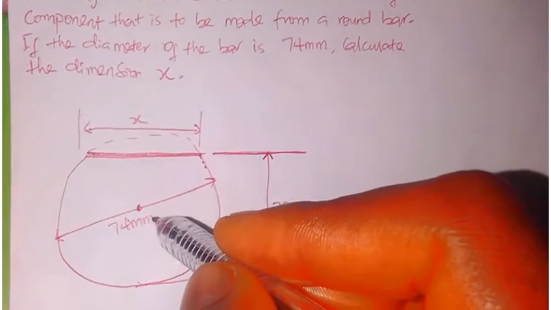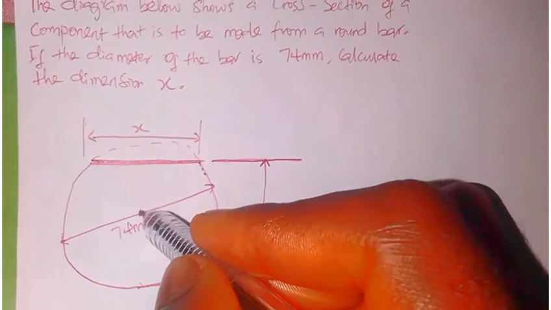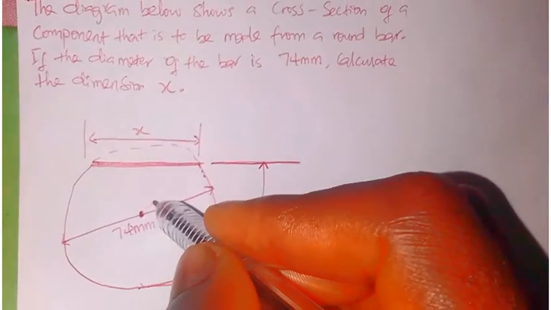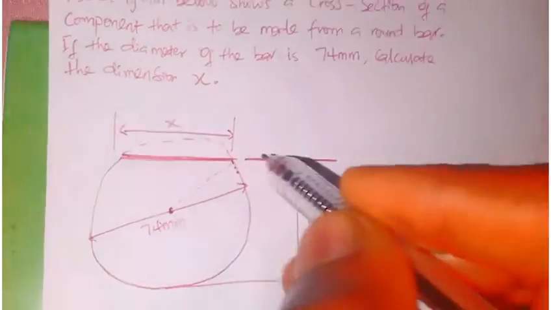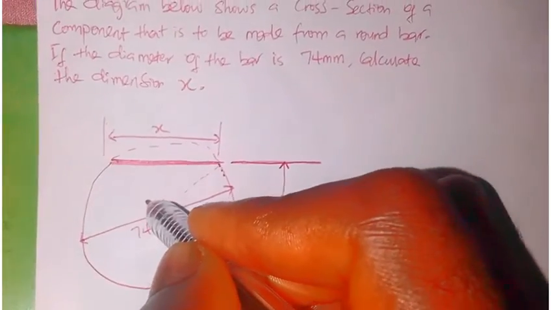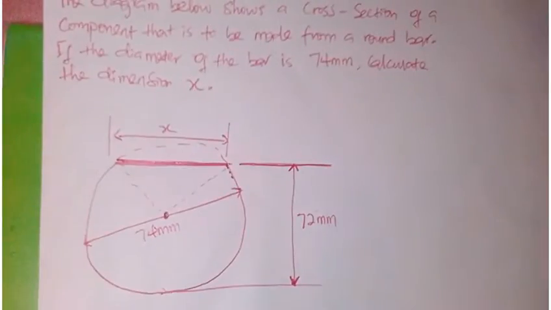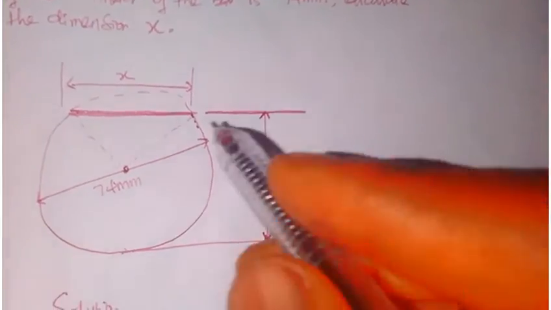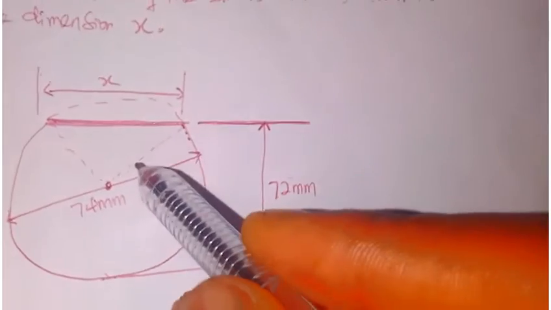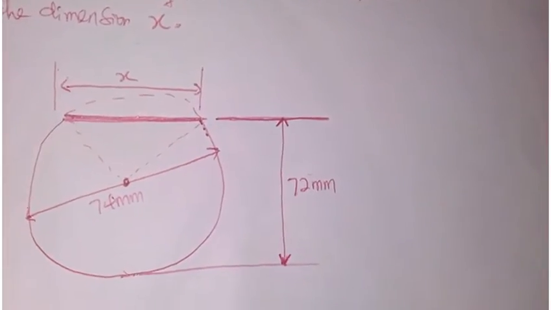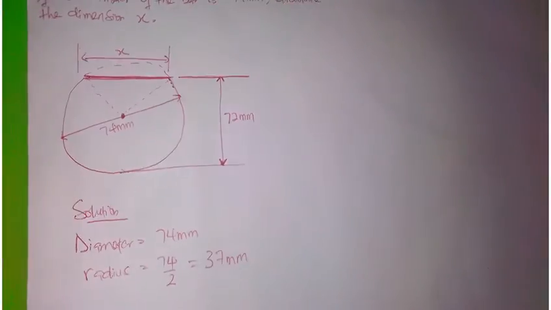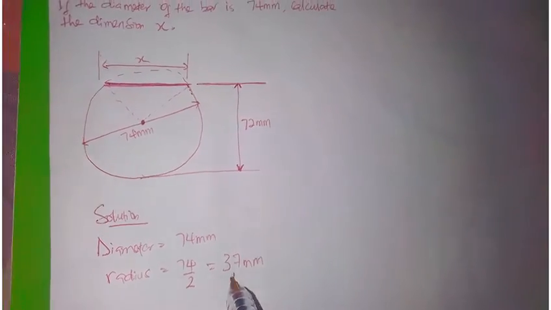It means I could have my radius from here to here, and I could also have my radius from here to this point. Each of these radii is 37 millimeters.